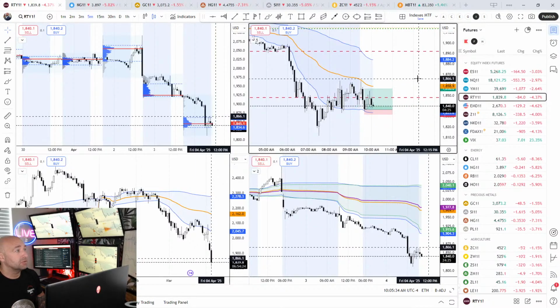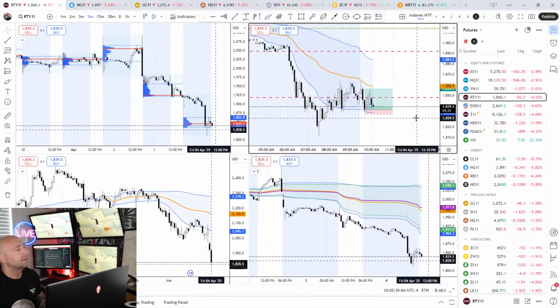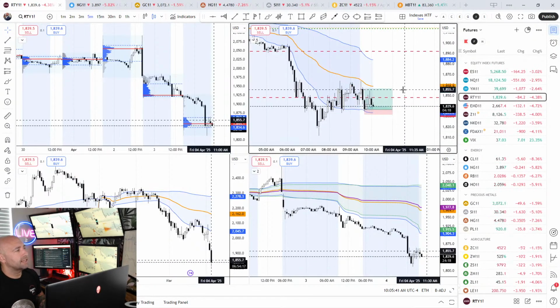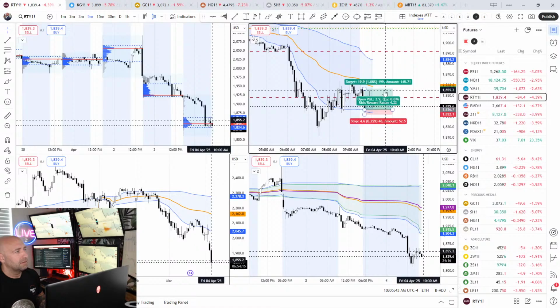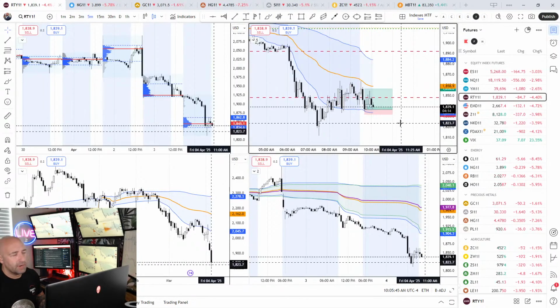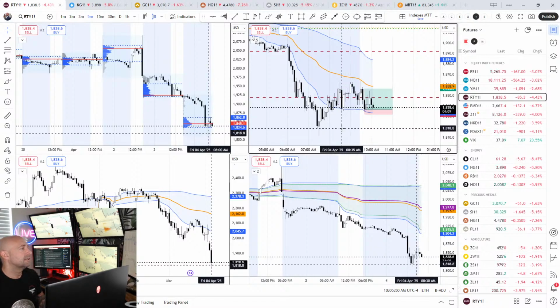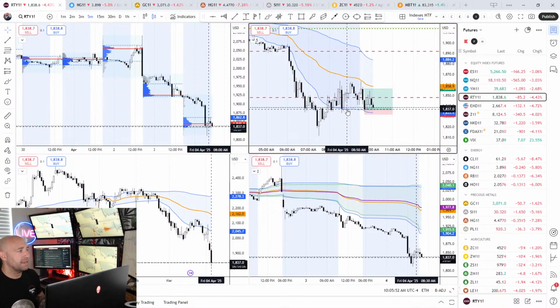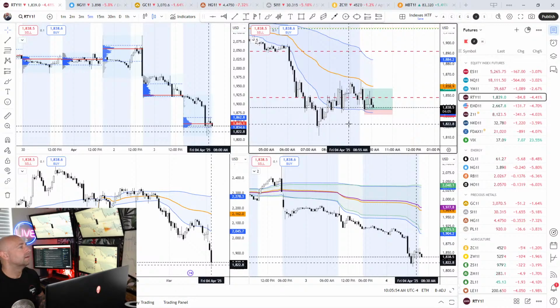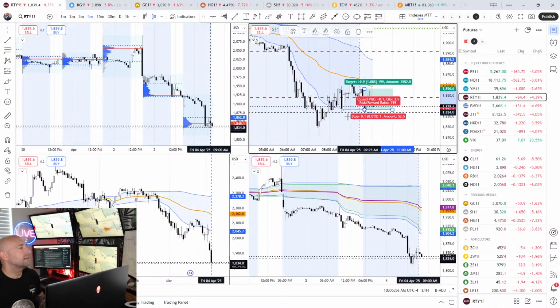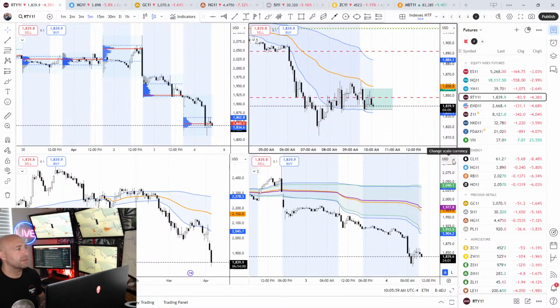I'm scaling out usually. So just because it never touched the top of this profit area doesn't mean it's a losing trade for me. And it shouldn't be for you. You should be scaling out into profits and then moving your stop to break even. So theoretically, at this point, this is all profit, this trade, because it worked pretty much immediately. So hopefully that helps.